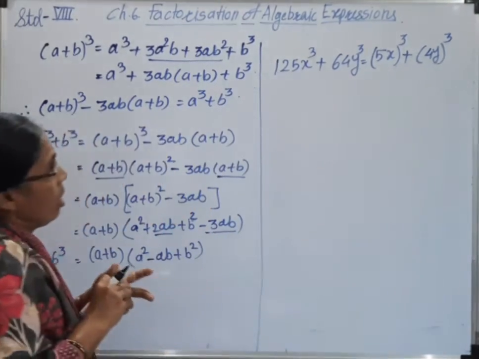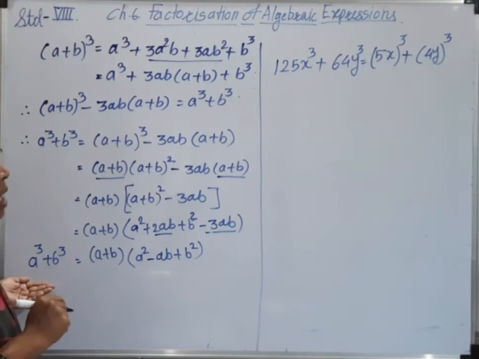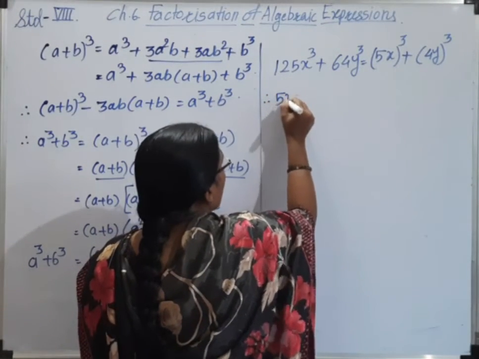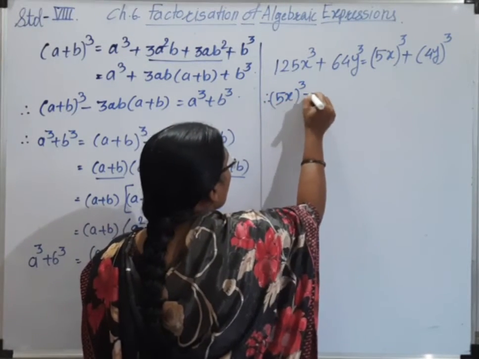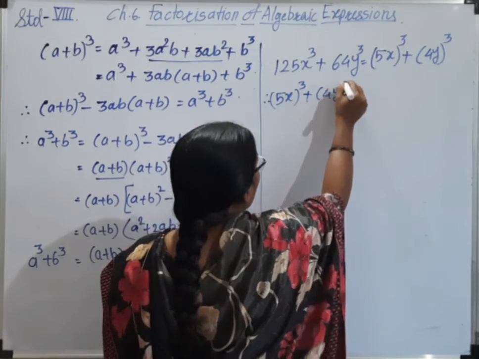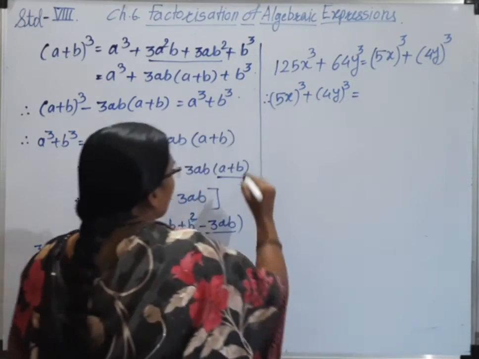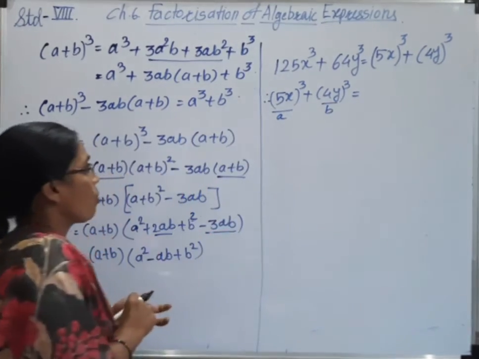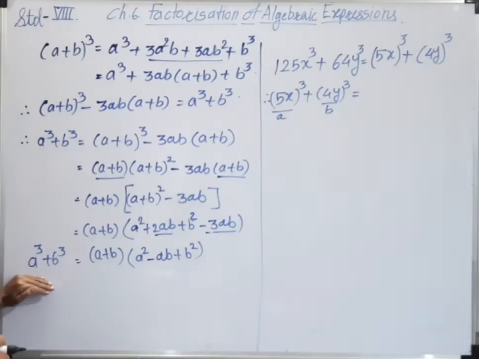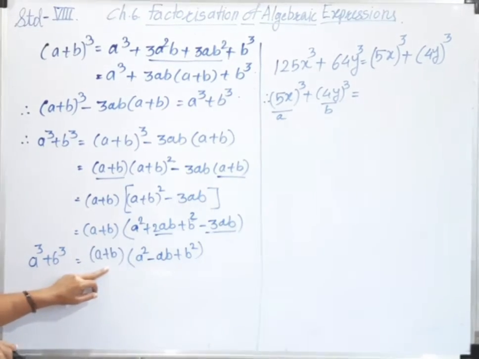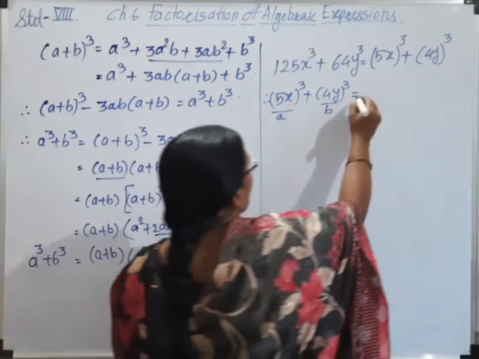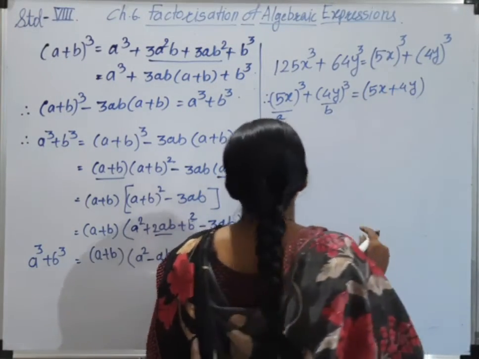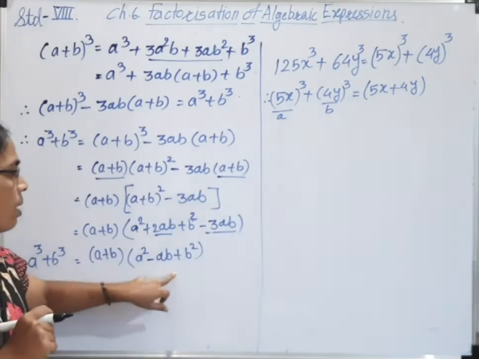Now we got this in the form a cube plus b cube. Therefore (5x) whole cube plus (4y) whole cube, where 5x is a and 4y is b. We know the formula: a cube plus b cube is equal to, in the first bracket, a plus b, so 5x plus 4y, and in the second bracket a square minus ab plus b square.